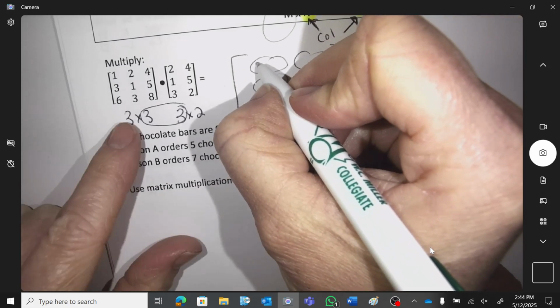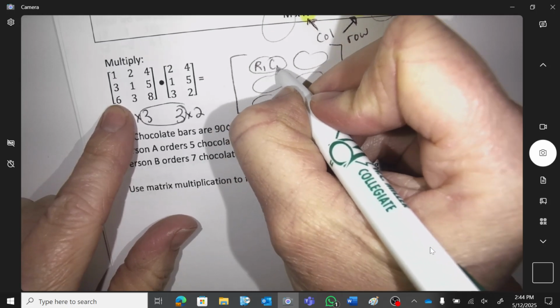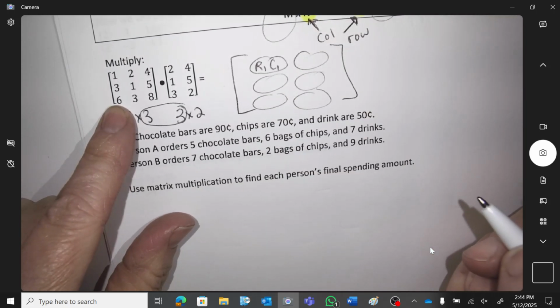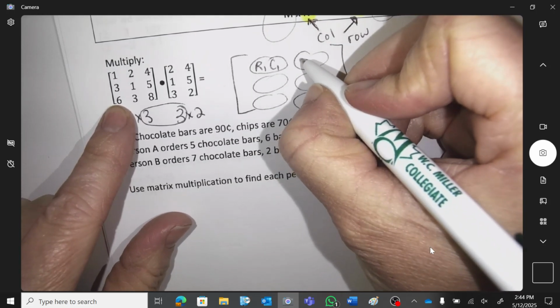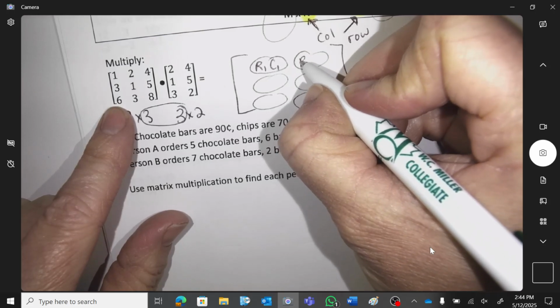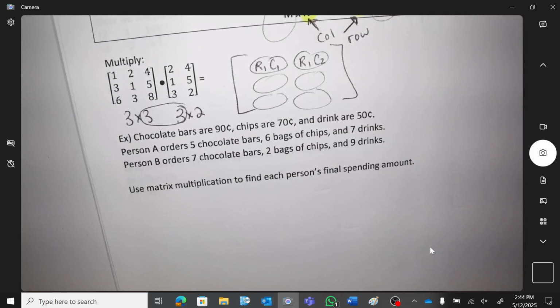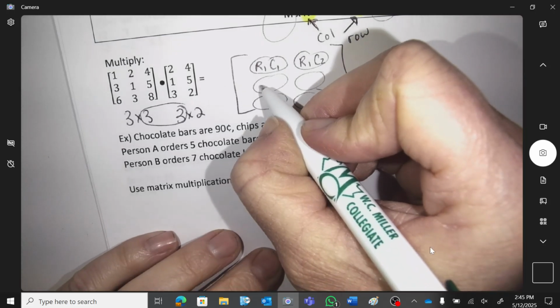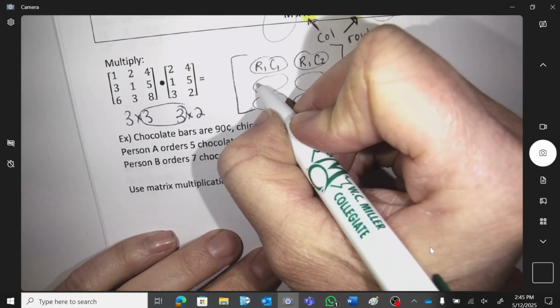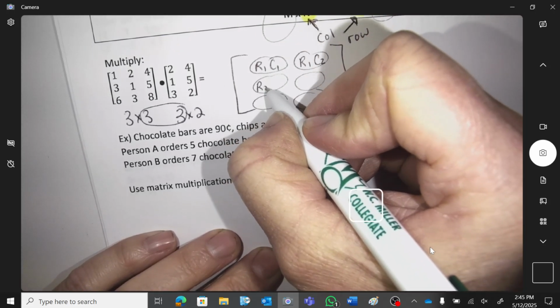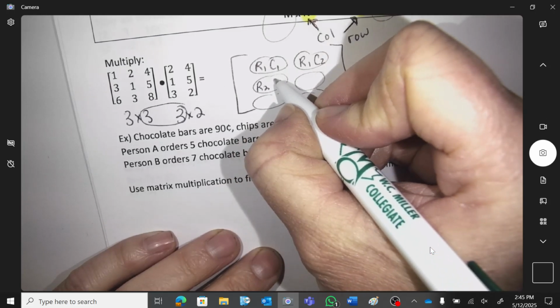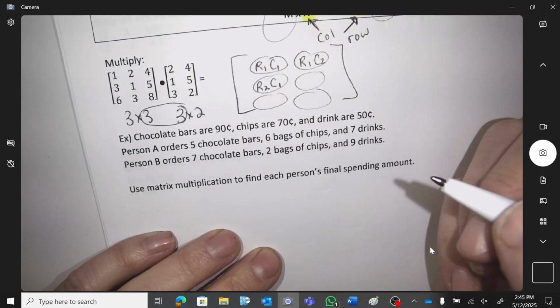This is going to be row 1, column 1. This is going to be row 1, but column 2. What do you think this is going to be? Where am I? I'm in the second row and I'm in the first column.